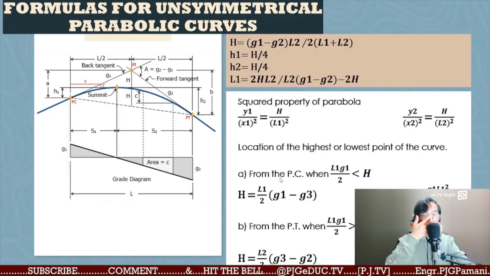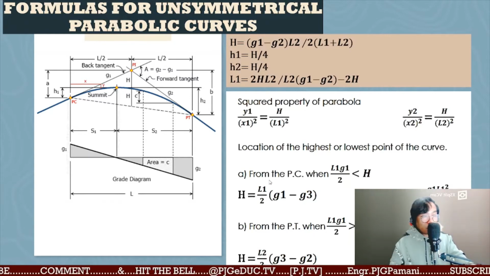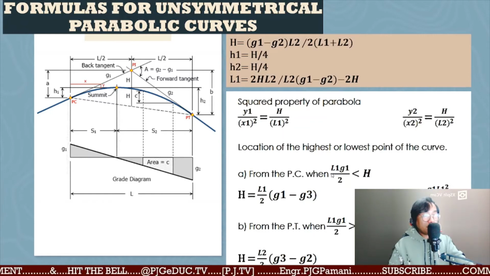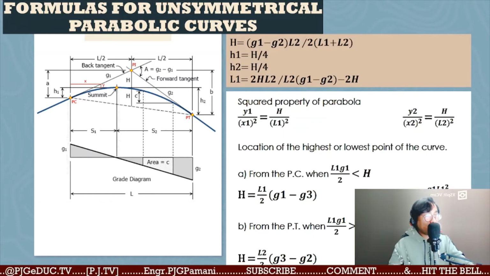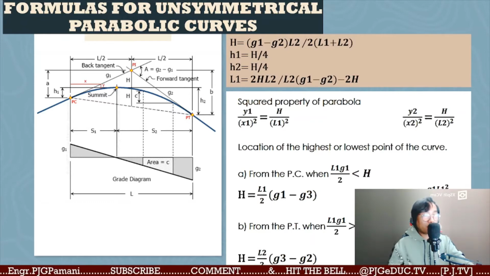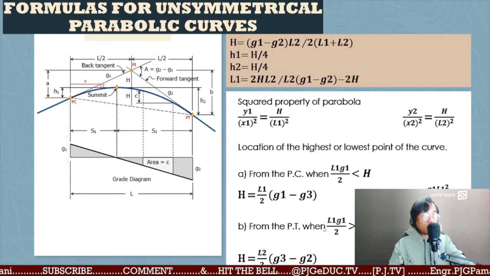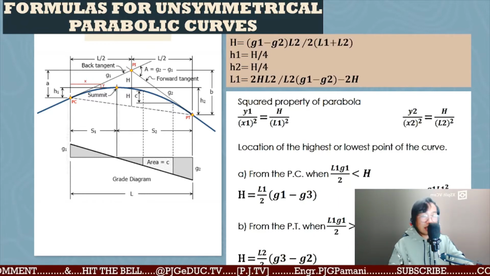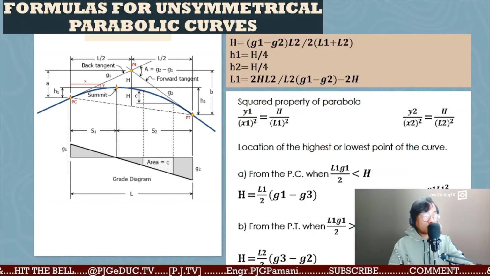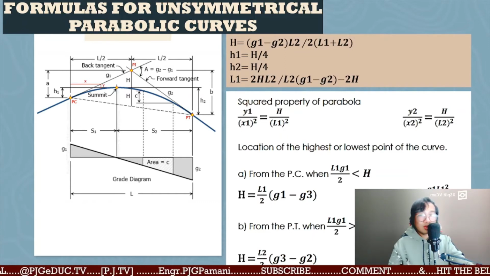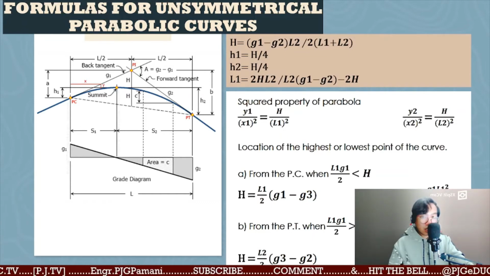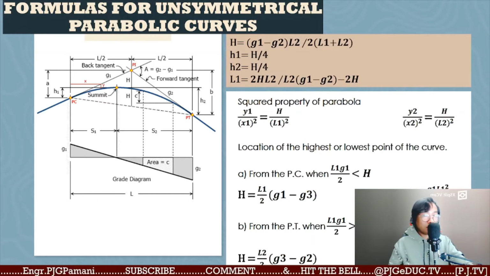curve. Now, whenever you're going to check this from PC, when L1 G1 over 2 is less than H, compute for S1 equal now to G1 L1 squared over 2H. When from PT, when L1 G1 over 2 is greater than H, you can then compute S2 as G2 L2 squared all over 2H. Ganun lang naman po yan.